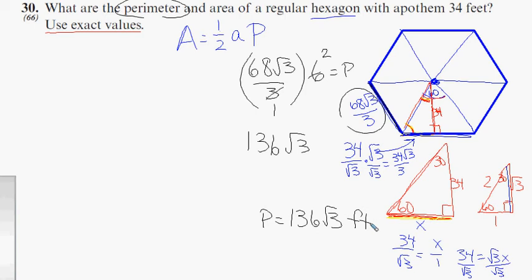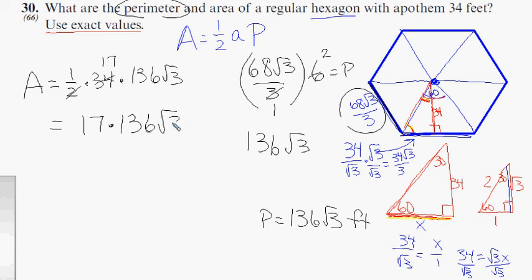Now we're ready to plug that into our area formula. I'm going to recopy that over here. Area is equal to 1/2 of 34 times 136 times the square root of 3. Do some canceling here. We got 2 into 2 is 1, 2 into 34 is 17, so we just have 17 times 136 times the square root of 3, and I believe that should give me 2312 times the square root of 3.